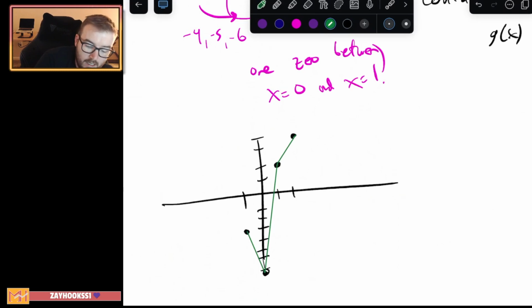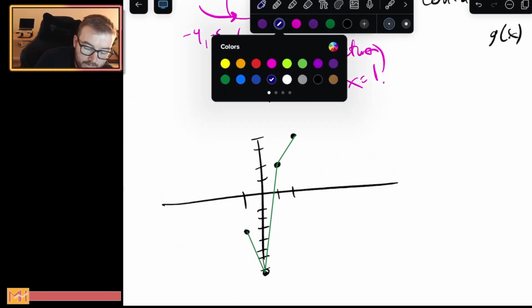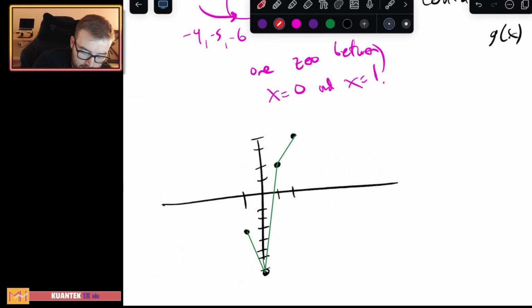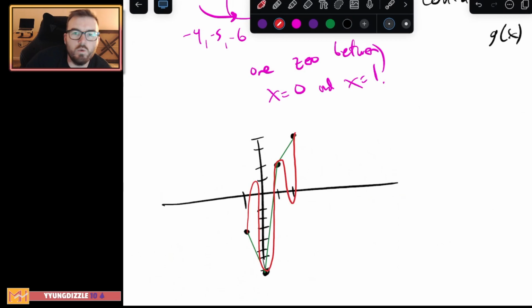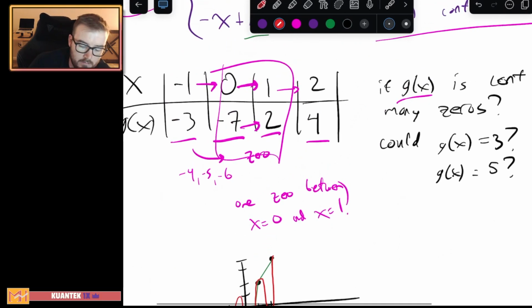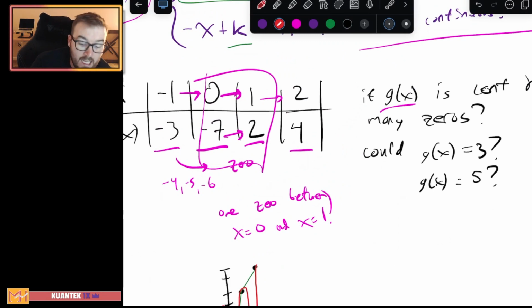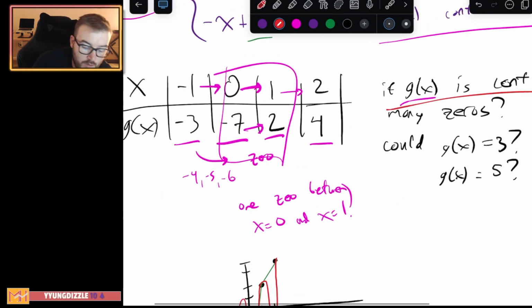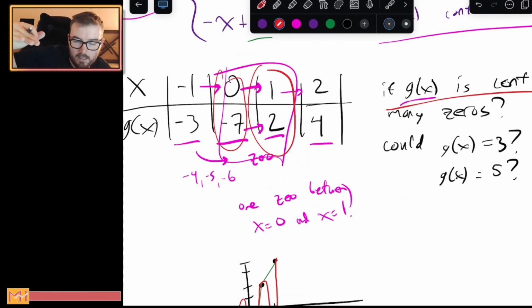Could there be another 0? Sure. The graph could have looked like this, right? No one's stopping the graph from looking like that. It could be the squiggliest function ever, but we can guarantee only one 0 based on intermediate value theorem, okay? Intermediate value theorem says if your function is continuous and you know that these sets of points exist, then every point in between must exist.